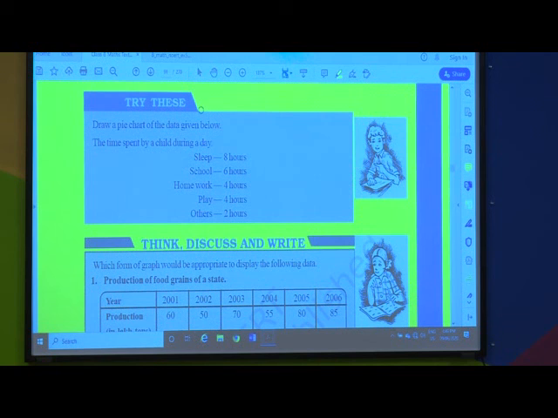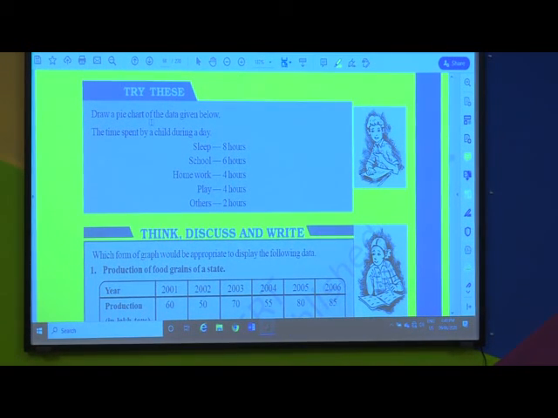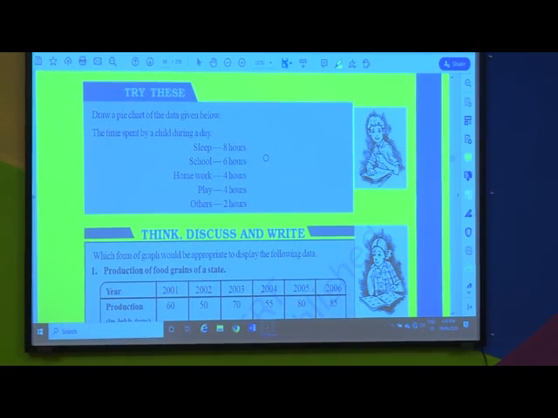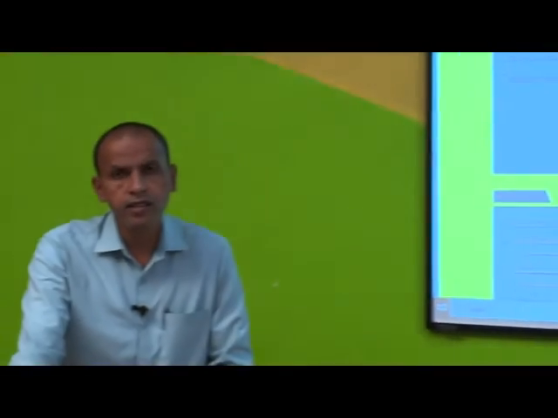They have given an activity for us. Try these. Draw a pie chart of the data given below. What is the pie chart that we have to draw for? The time spent by a child during a day. It was the example that was given to us. Now we have to prepare the pie chart of it. The whole day is 24 hours. We have to convert each of the hours into a fraction. Those fractions we have to find out of 360, because a circle makes 360 degrees.